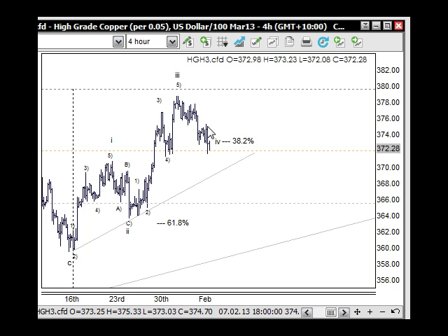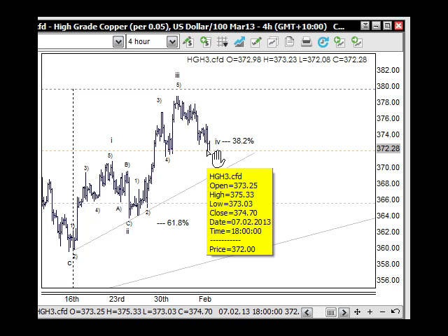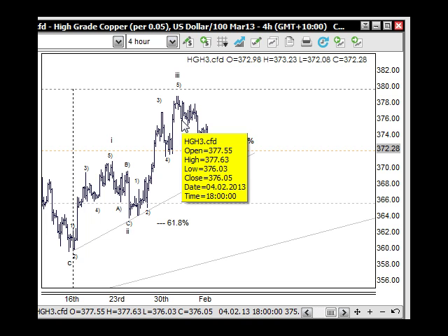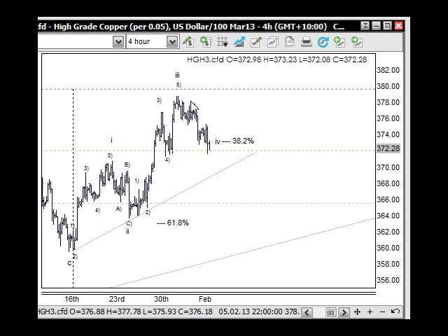So this would be a fourth wave and a fifth wave. So this would be the 1 and the 2 and the 3 and the 4 and the 5. So it could be counted as an A and a B and a C wave in here, but you just got to be a little bit careful about that now.